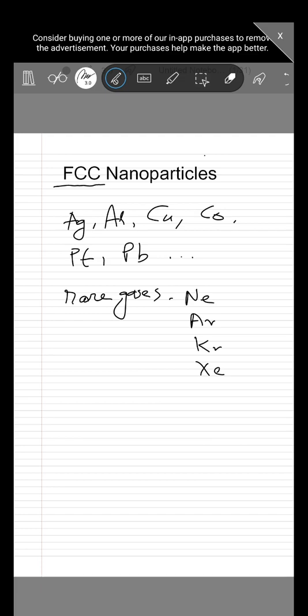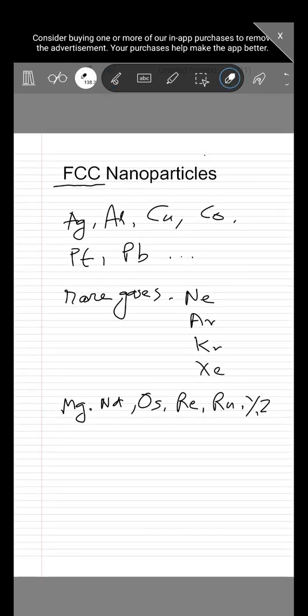Whereas other common metals like magnesium, lithium, yttrium, and zinc are in HCP state. These are all in FCC.